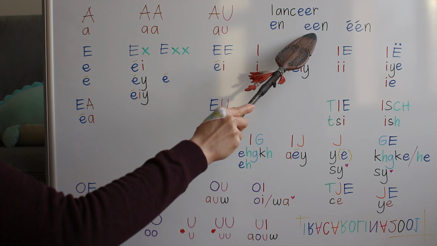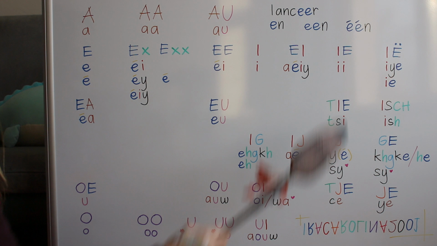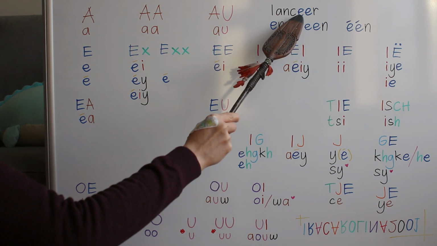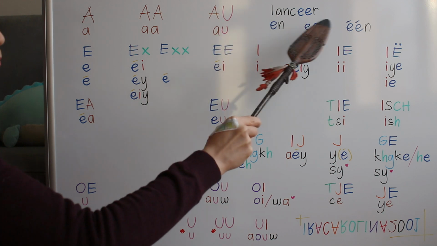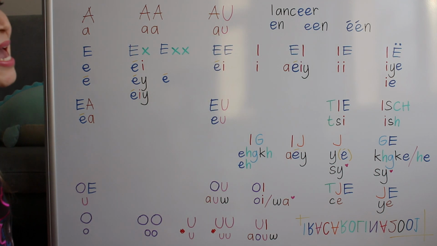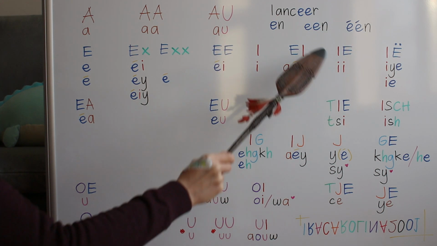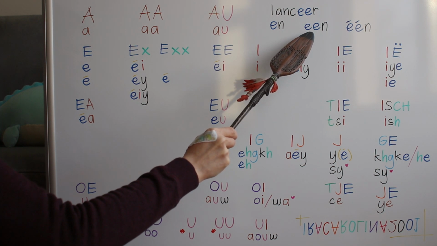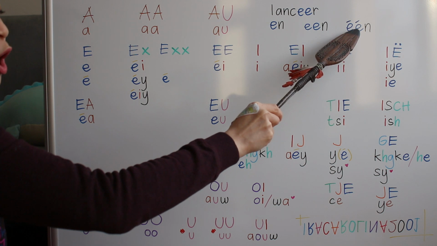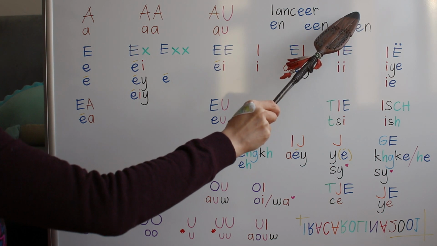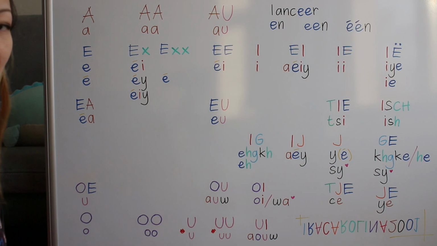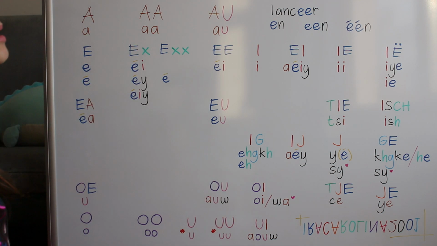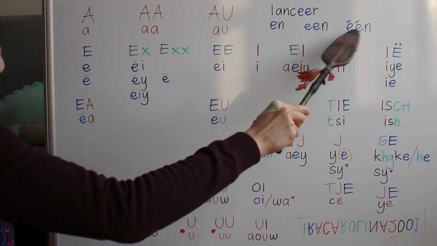This one is an exception, because for the majority we read it as A. This one is A or one. This one is one, but you say it this way when you want to make sure it is one. You say it as ein.